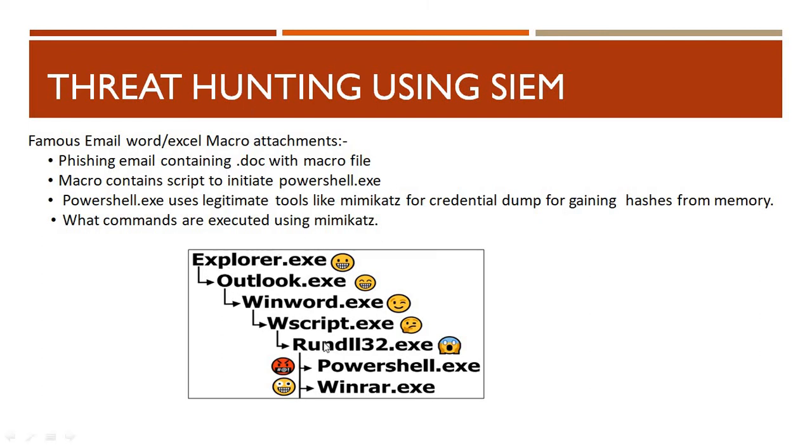In this scenario, you can create a search query saying that the parent process may be a Word file, and if any child process such as WScript or PowerShell or command prompt is executed, you can just throw me an alert. The parent process WinWord and the child process WScript or rundll32 or PowerShell or command prompt, just throw us an alert or just search for such queries.